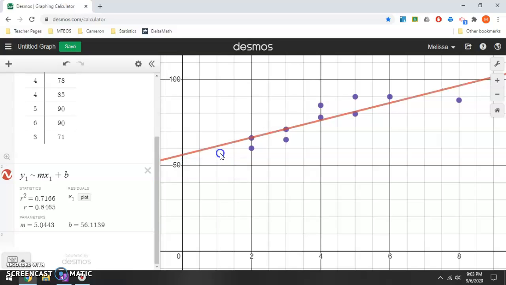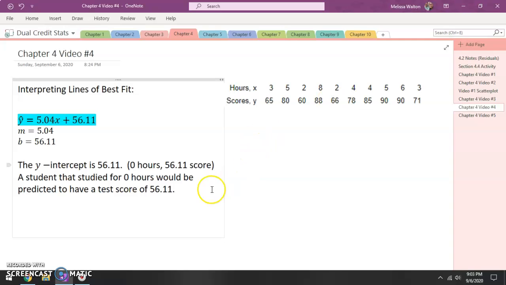Now let's talk about slope. All of you probably from middle school or high school, as soon as you hear slope, you think rise over run. But let's talk about it from a statistics perspective. In this problem, our slope is 5.04, and our x value is hours. So here's what this means. If we have a slope of 5, some of you might be thinking back to algebra, up 5 over 1. Here's what it means here.